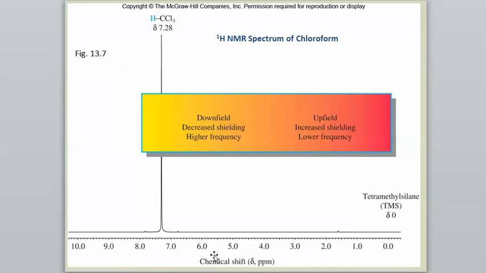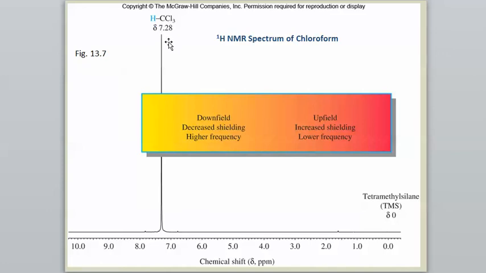So notice the chemical shift down here. It's kind of strange. We put the 0 mark on the right. That's just the way it's always been done. And there's not a peak here, but sometimes you do see a little peak at 0.0 because that TMS can be added as a standard just to help calibrate the instrument. And the only signal we're seeing for chloroform here is due to its only hydrogen.